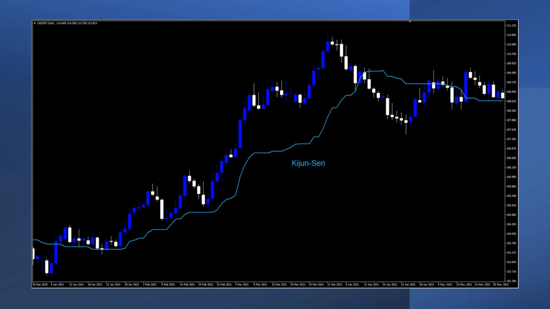Sometimes people don't use moving averages per se. There's another indicator that a lot of people like, and that's the Kijun Sen. The Kijun Sen is part of the Ichimoku system, and it's very, very old.